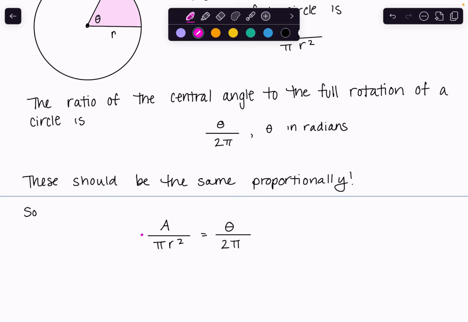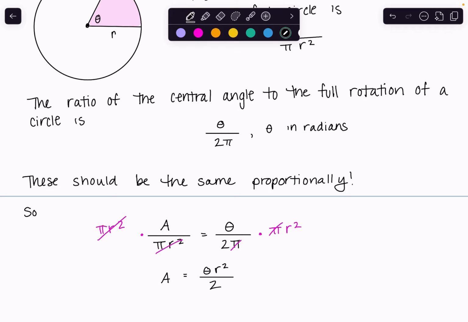So I'm going to multiply this side by pi r squared, so those two things cancel. But if I do that over here, I definitely need to multiply by pi r squared over here. So it does work out nicely. The pi's disappear. So this tells me my area is going to be theta r squared over 2.